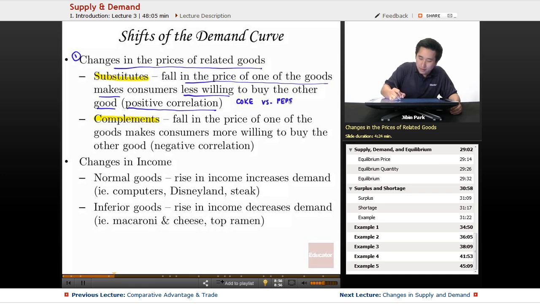Let's say the price of Coca-Cola goes down. Then what happens to the demand for Pepsi? Well, the demand for Pepsi also goes down. So you can say that there's a positive correlation. Same thing, if the price of Coke goes up, then the demand for Pepsi goes up. So there's a positive correlation here.